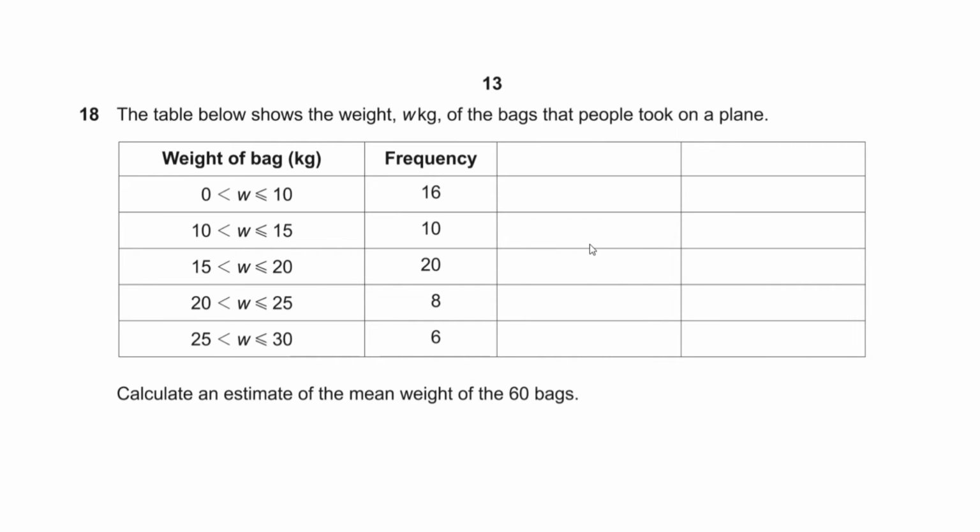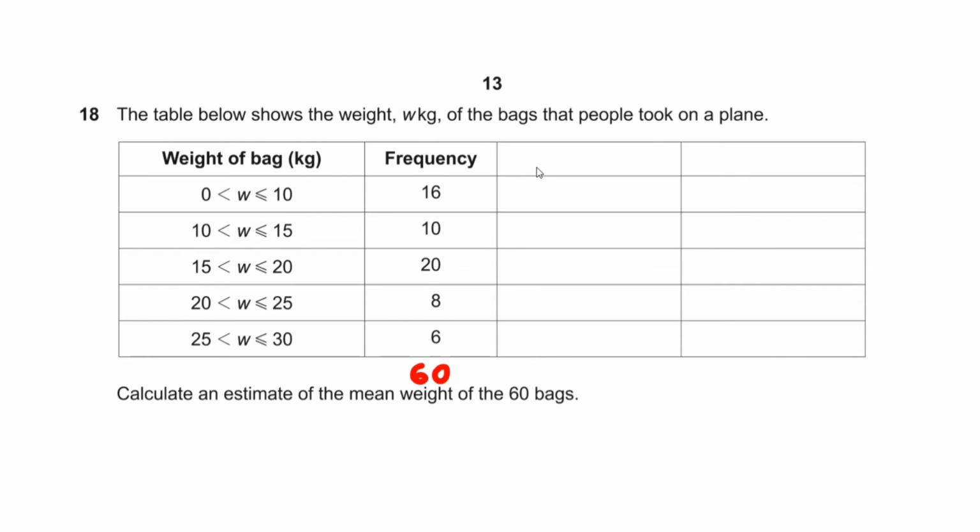Question number 18. The table shows the weights, W kilograms, of the bags that people took on a plane. So we've got the weight and the frequency, and we have to find an estimate for the mean weight of the 60 bags. So the first thing is the frequency will all add up to 60 because we've got 60 bags in total.